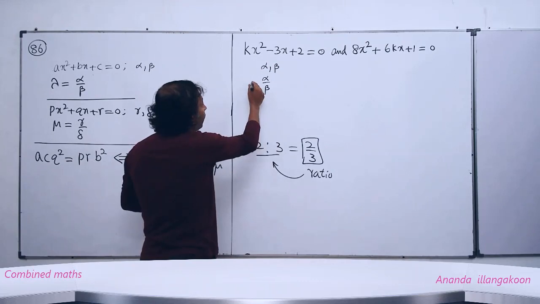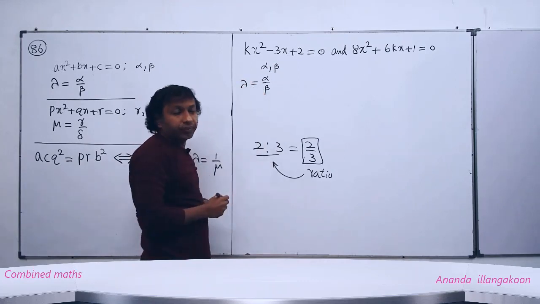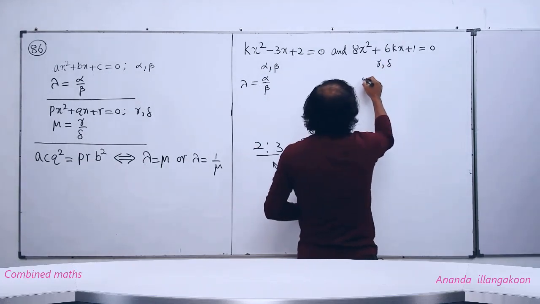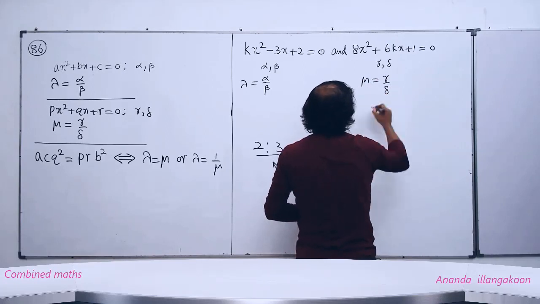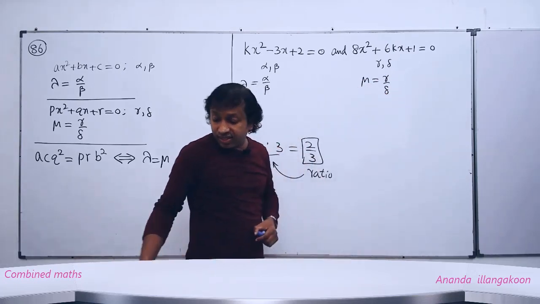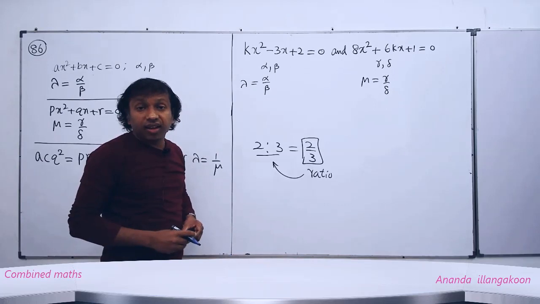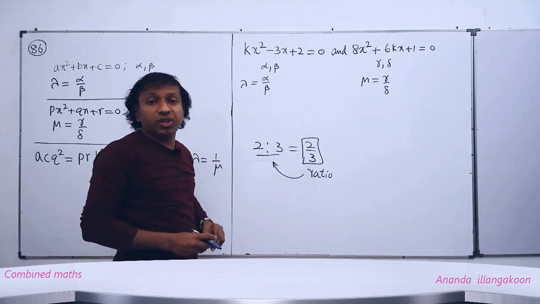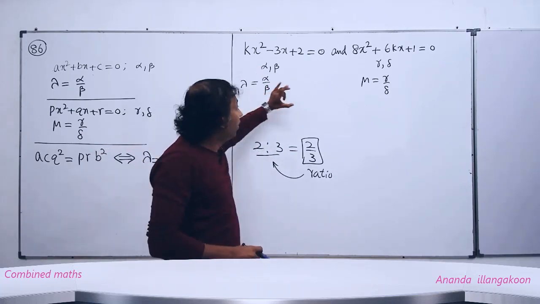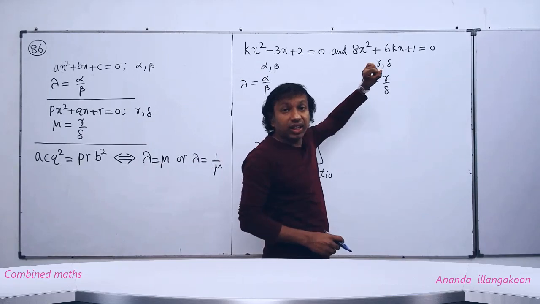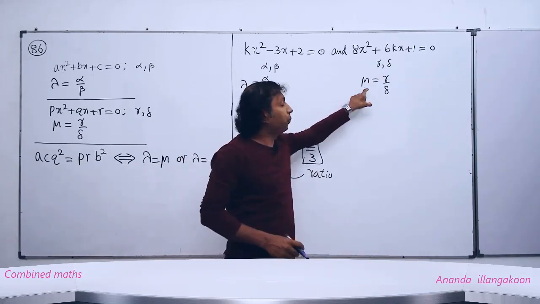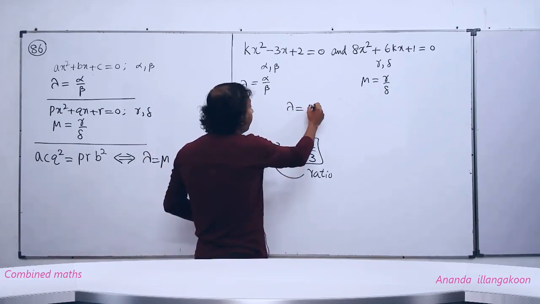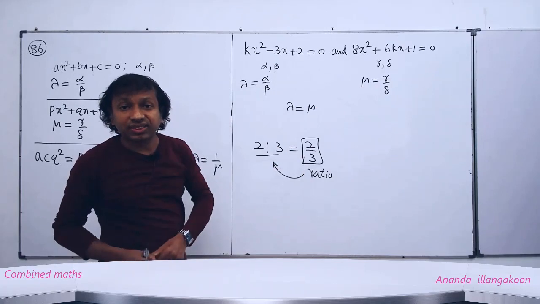If I take this ratio as lambda, and here the roots of this as gamma delta, and the ratio as gamma upon delta, what does this statement say? The ratio of the roots of these two equations are the same. That means alpha upon beta is equal to gamma upon delta. In other words, lambda equals mu. That's what this part says.